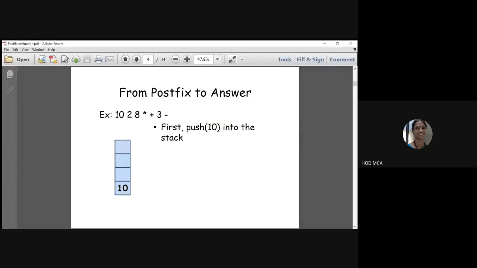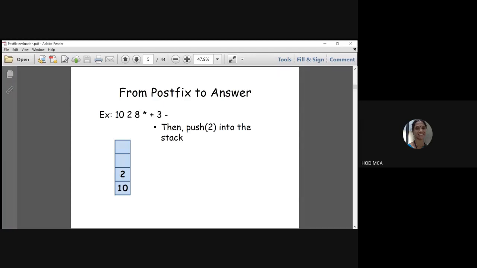Okay, let's look at the explanation. So when we do a postfix evaluation, we are using a stack again. If it is an operand, push it onto the stack. So first is 10, we push it onto the stack. Next is 2, so 2 also gets pushed.